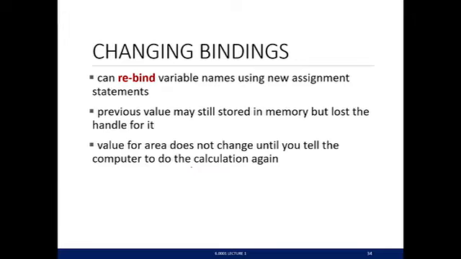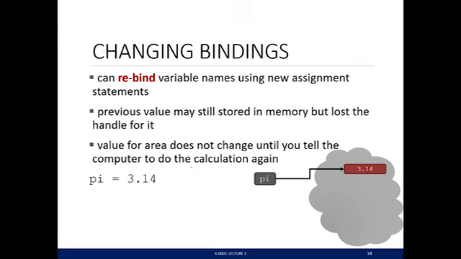Once we've created expressions and we have these assignments, you can rebind variable names using new assignment statements. Okay? So let's look at an example for that. Let's say this is our memory. Let's go back to the example with finding the area. Let's say pi is equal to 3.14.